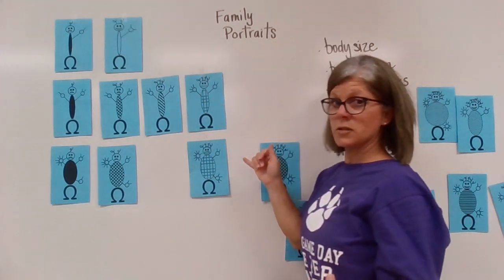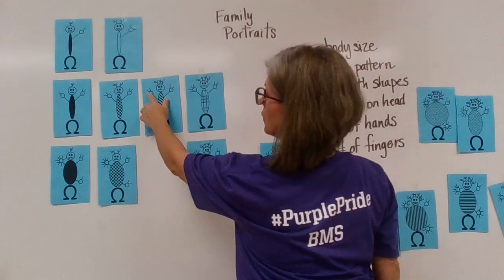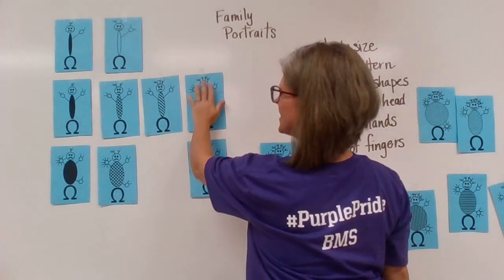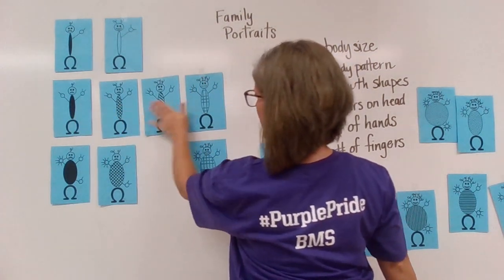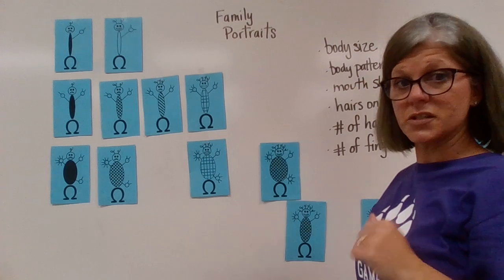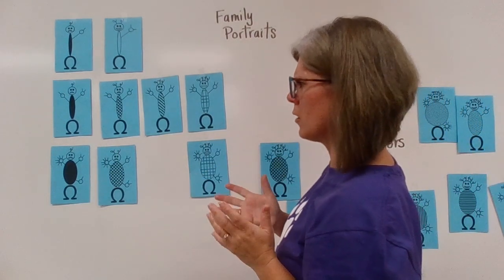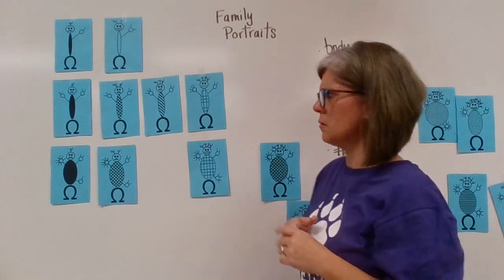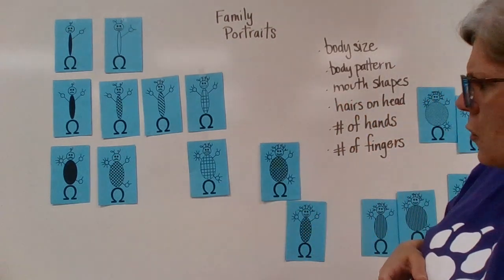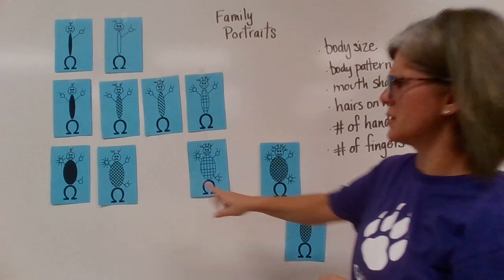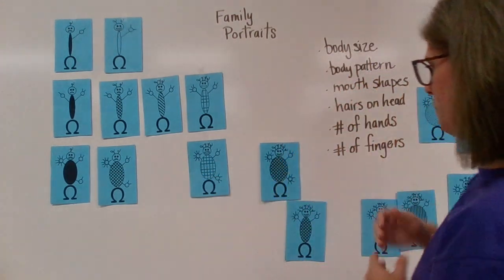Let's see if it still follows our pattern of numbers. 5, 2, 4, 6. 3, 4, 5, 6. So we are still following that. We have a blank space here. Maybe there's someone that needs to go there. We'll have to check and see in just a minute because this space is still empty.